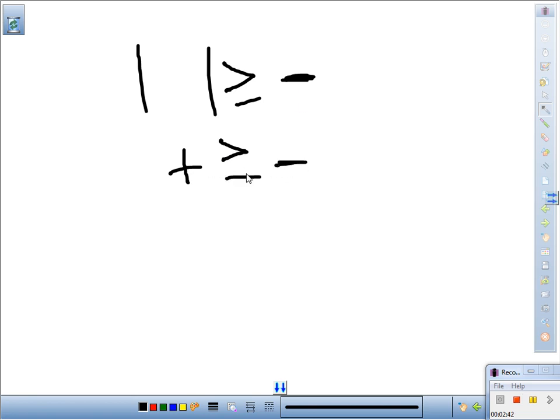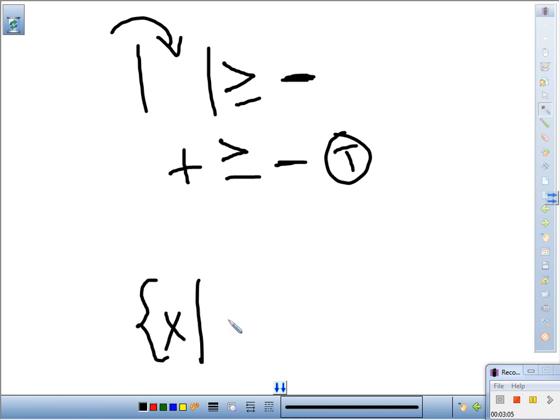Is it greater than a negative? Yes. Will it always be true? Yes. Does it matter what values I substitute in here? No, it always comes out as a positive because it's a distance. That means then that a solution would always be all real numbers.